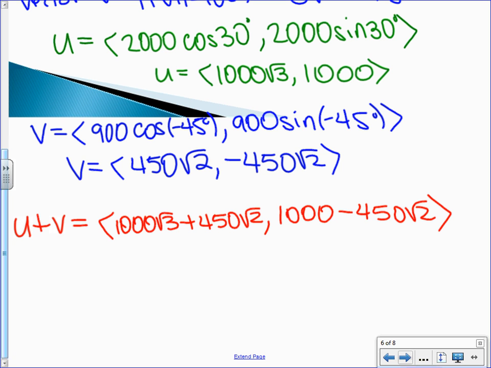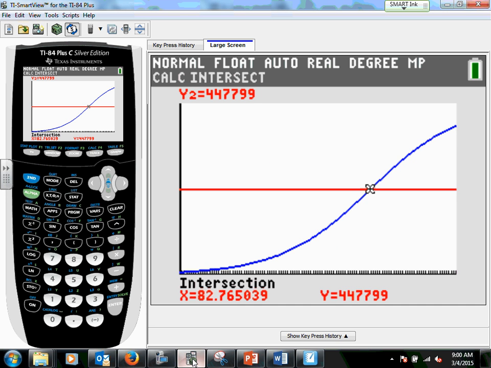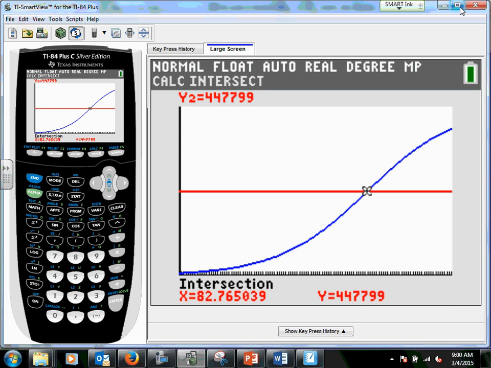Okay, I'm talking about the force of a machine part. In a real life application, are we going to leave this in radicals? Probably not. So what I'd like to do here is get out your calculators, please.